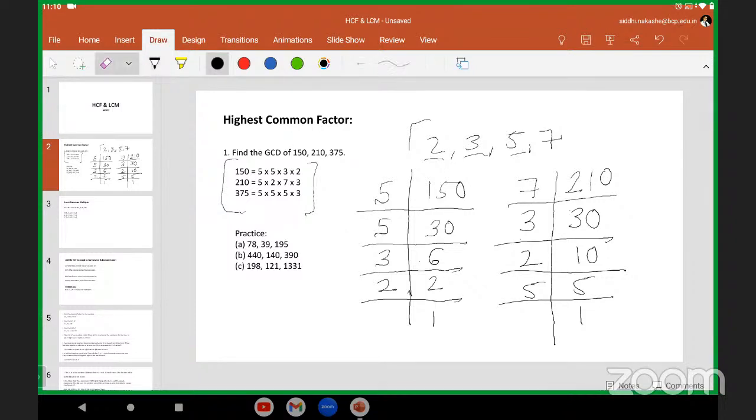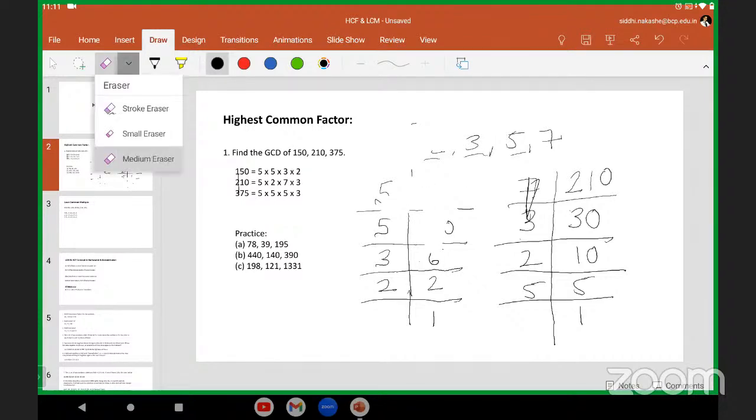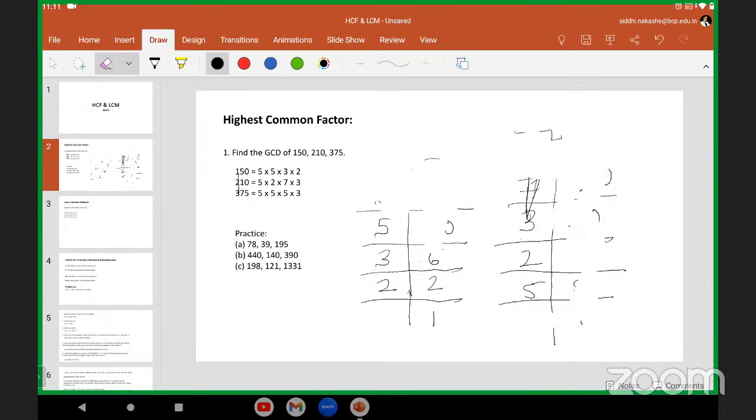So what you're going to do here is look for the common numbers.